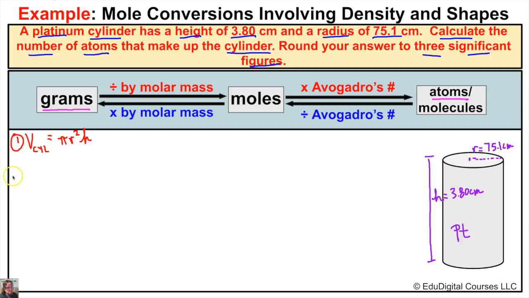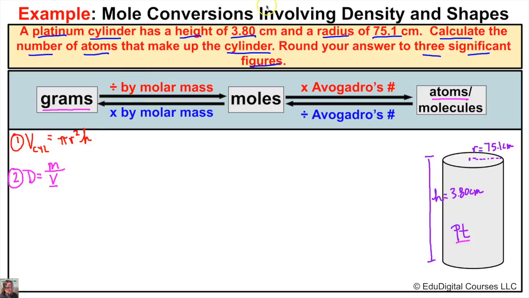Well, you guessed it. In step 2, we can use the density formula. Density is equal to mass divided by volume. And so if we figure out the volume in step 1, we can then plug that into the density formula in step 2. We can then refer to a density table to figure out the density of platinum, and we can solve for the mass.